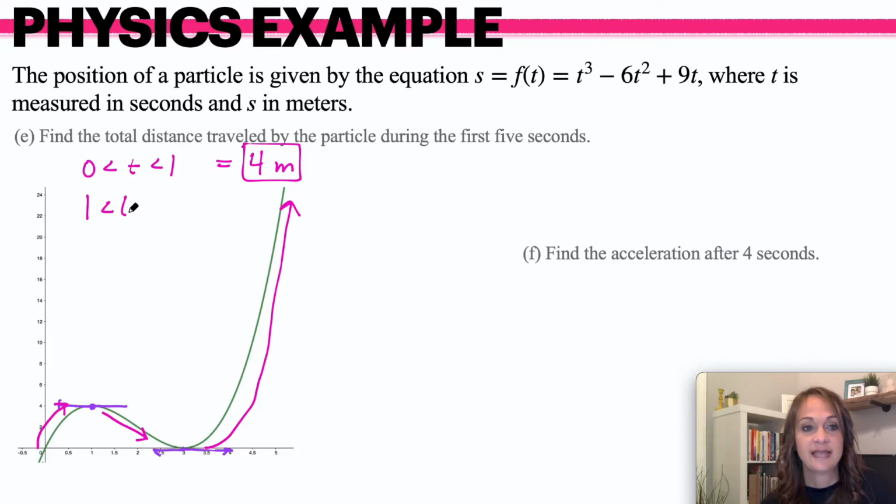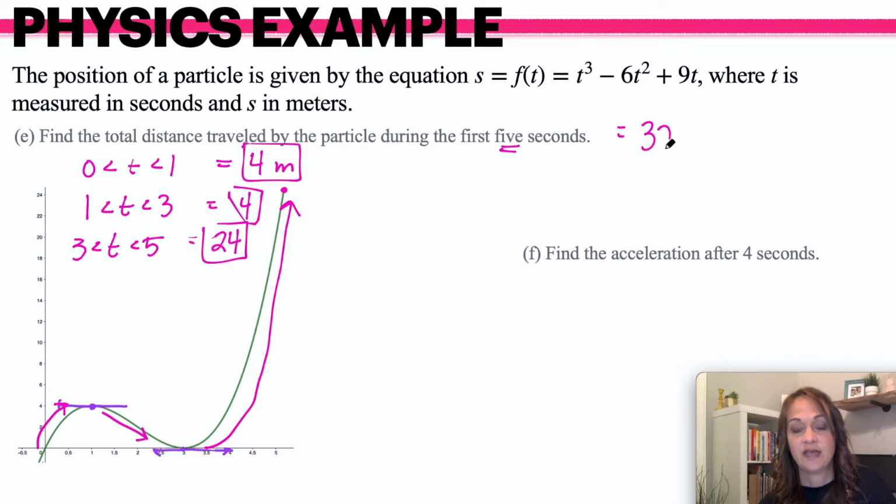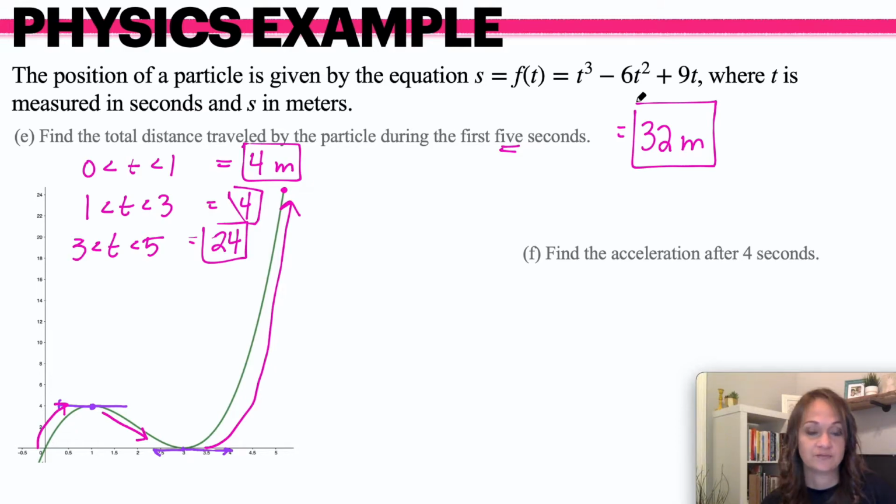And then from 1 second to 3 seconds, it went back from 4 meters back down to 0 meters, back to its starting position. And so again, it went 4 meters. And then from 3 seconds to 5 seconds, because it wanted to know during the first 5 seconds, it went from 0 up to 24. So if you were to add these distances together, you would get 32 meters total that it traveled.